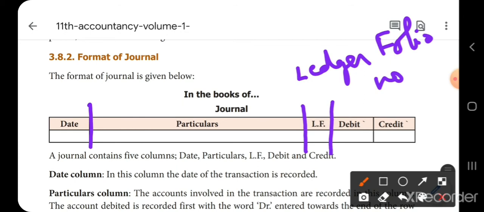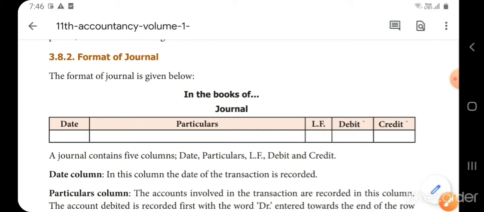So you have to write the page number of the ledger in which the entries are posted, corresponding to the journal entries. The debit amount you will enter in the debit column, credit amount you will enter in the credit column. This is the format of journal.